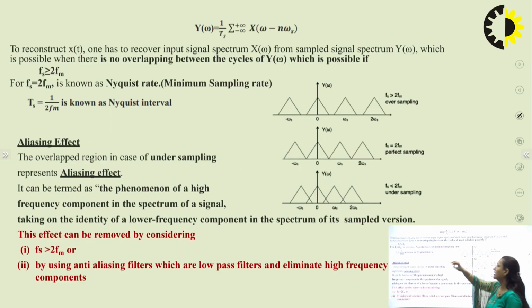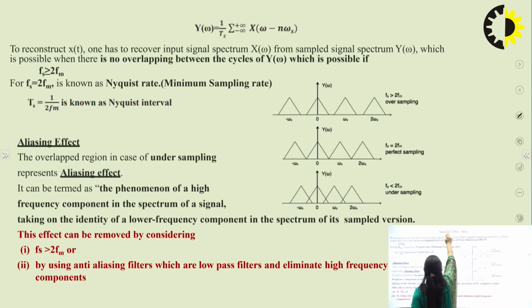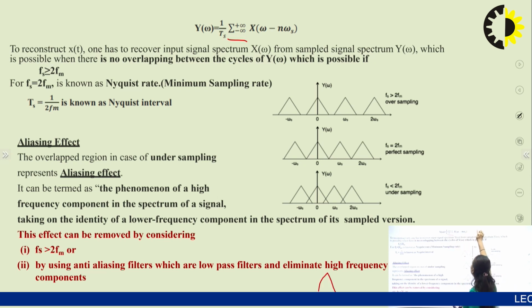So I can write Y(ω) is equal to 1 upon Ts, summation from minus infinity to infinity of X(ω − nωs). So this is your sampled signal.